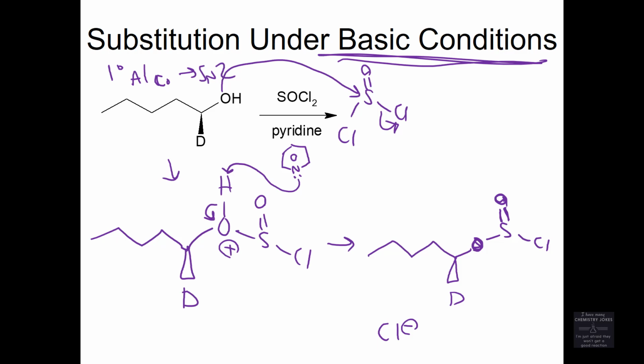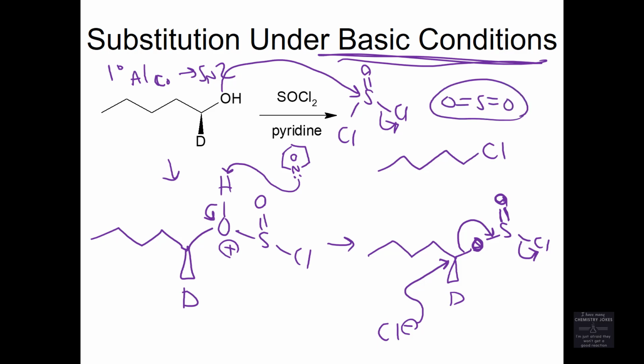Pyridine and SOCl2, pyridine and PBr3, they only do SN2 anyway. But chloride attacks from the back, kicks out SO2 and a chloride. We get chloride over here.